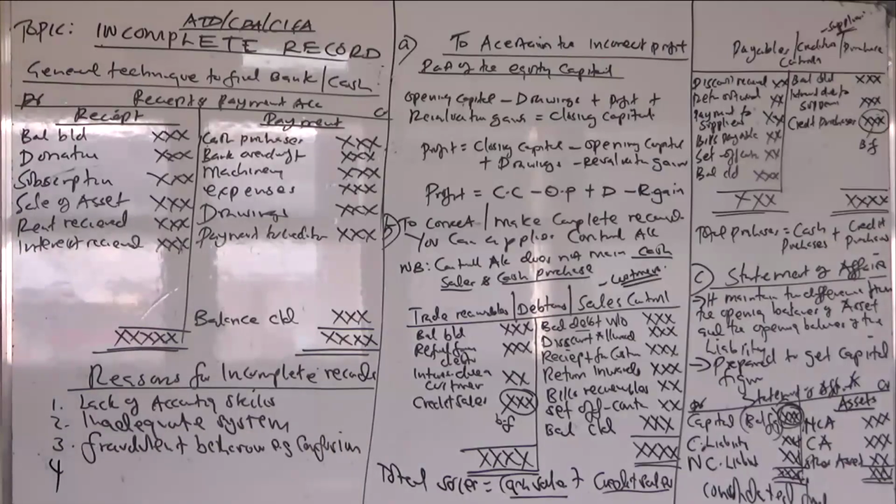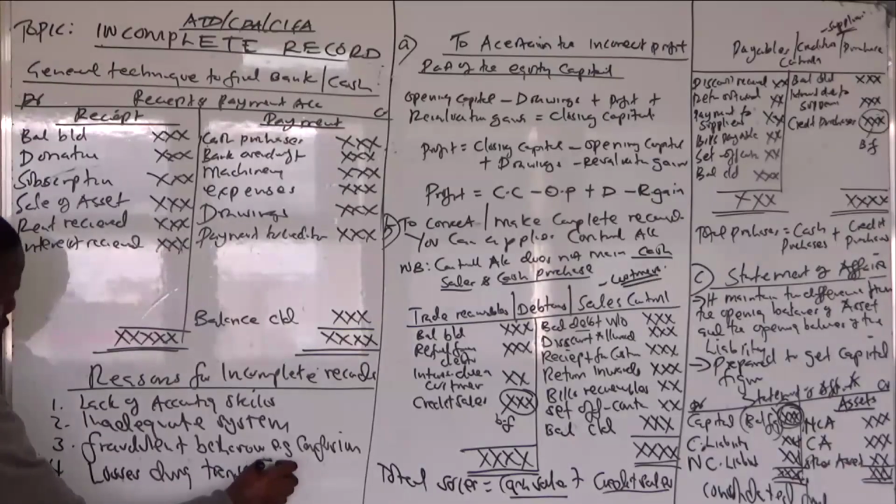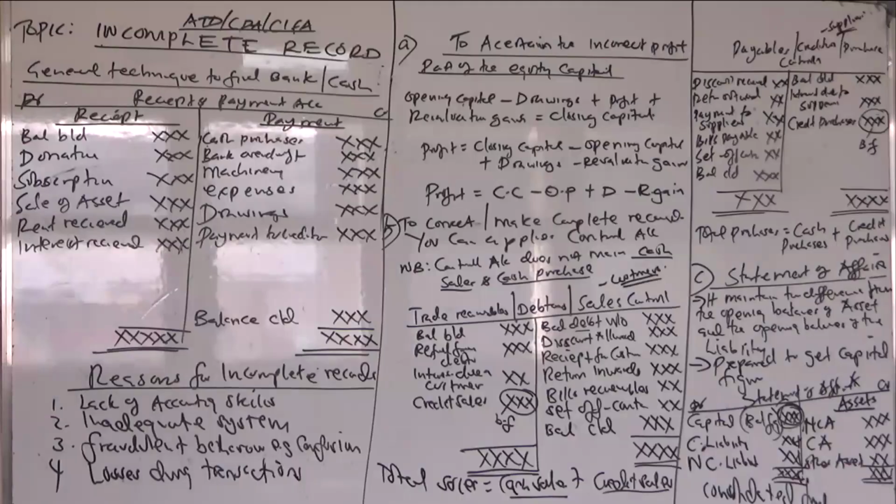Number 4, can be losses during transaction. When he makes transactions, some get missed. Otherwise others are complexity of the work.